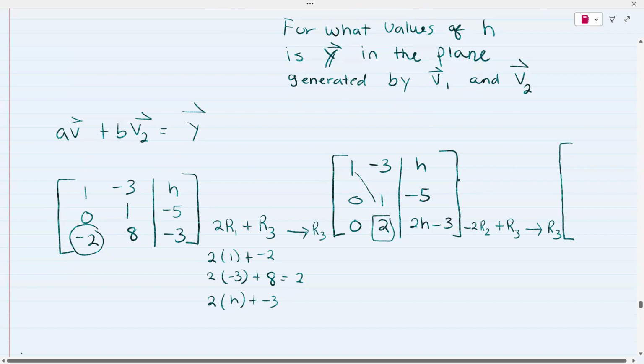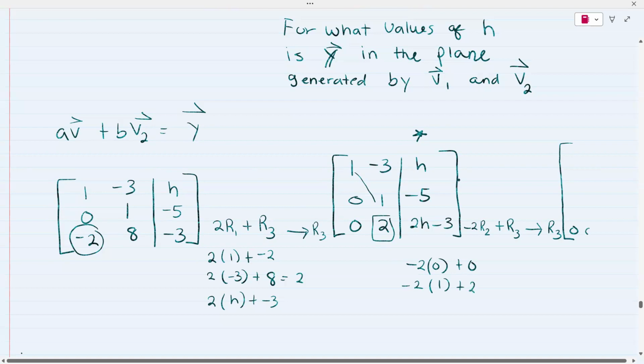So it's going to be -2 times the first number in row 2, which is 0, plus the first number in row 3, which is 0, so that's 0. Continue the process: -2 times the second number in row 2, which is 1, plus the second number in row 3, which is 2.